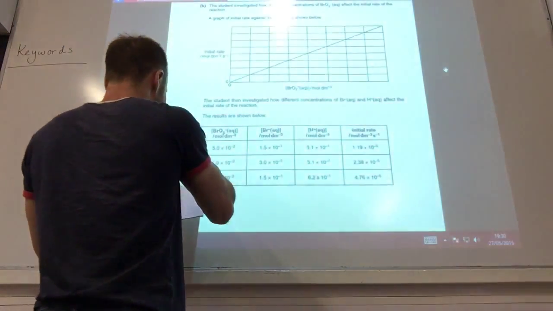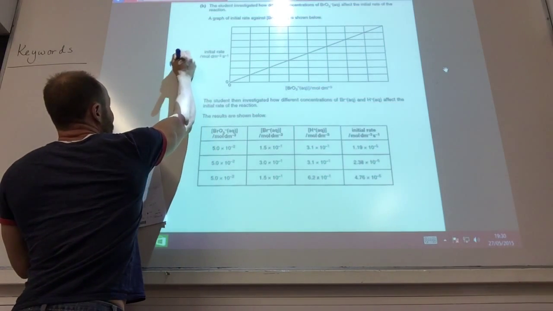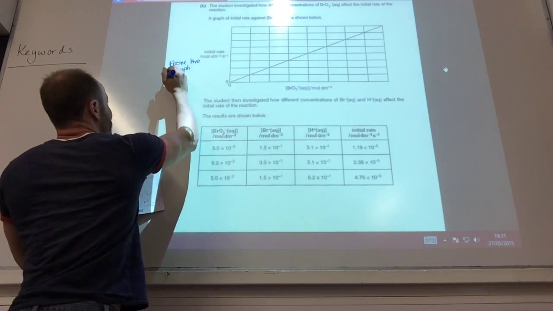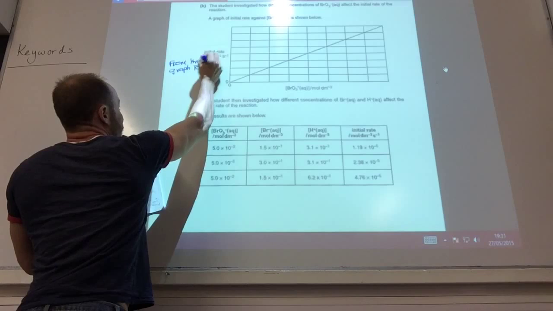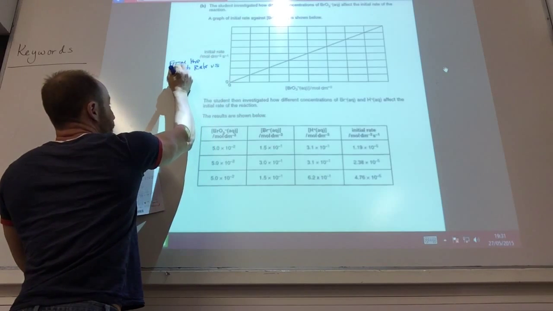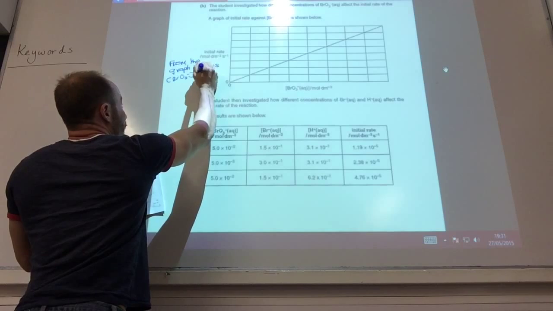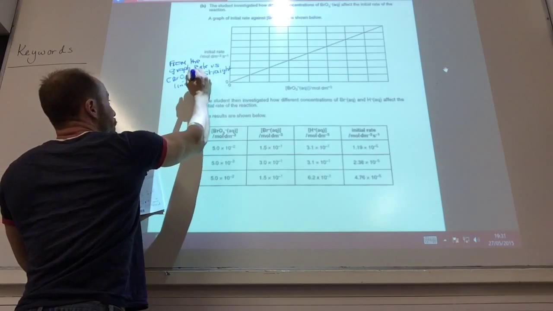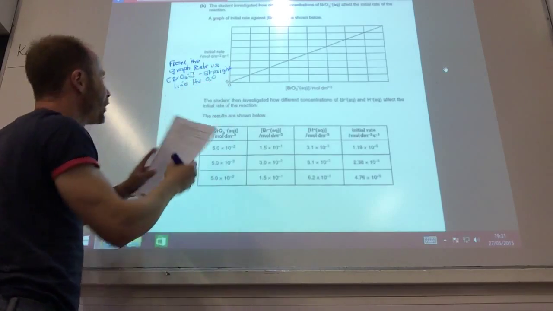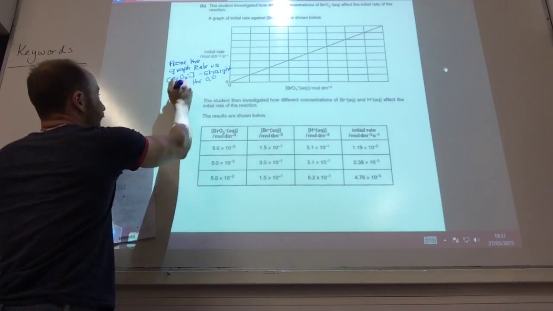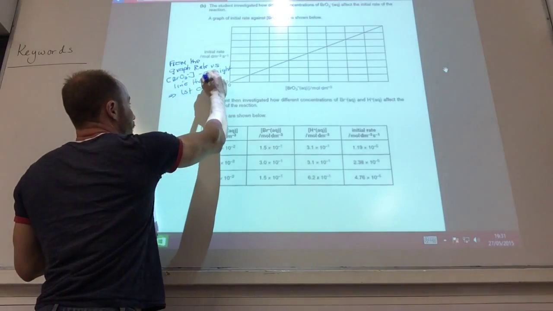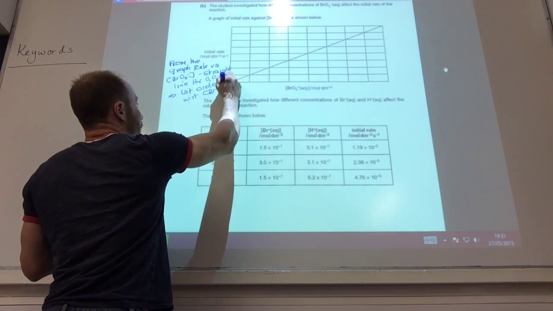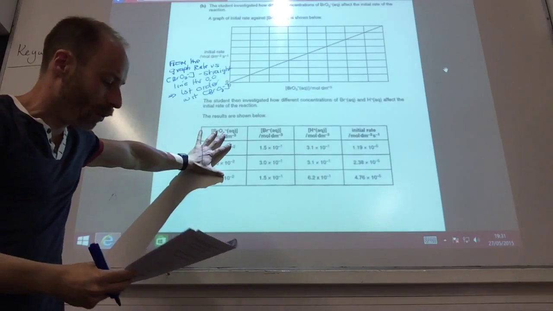Hopefully the key thing that you can see is from the graph, rate versus concentration, you have a straight line through 0, 0. Key thing, do put through 0, 0, through the origin, and therefore it is first order with respect to BrO3 minus.